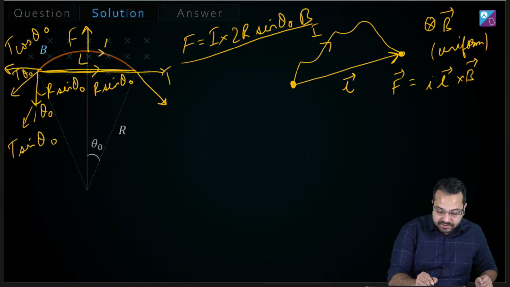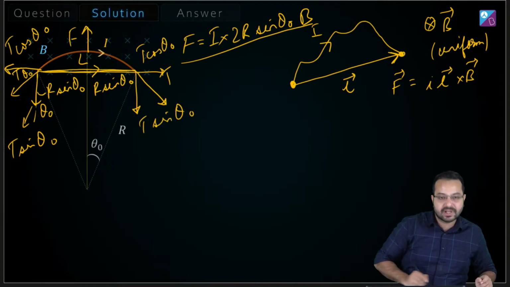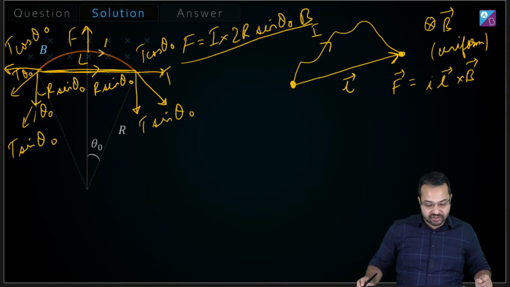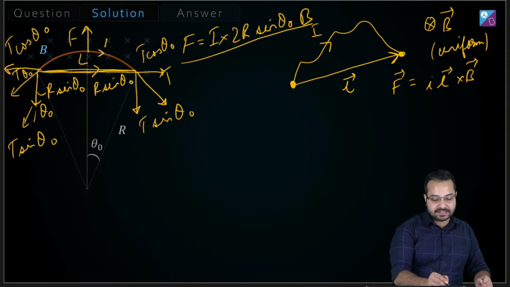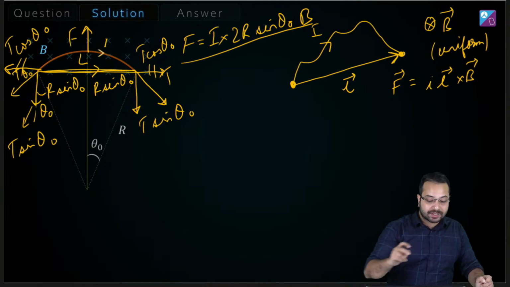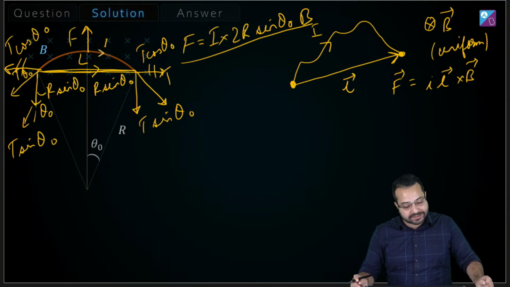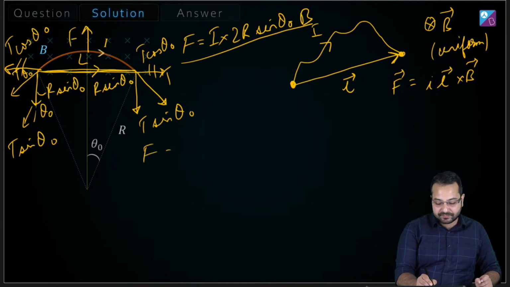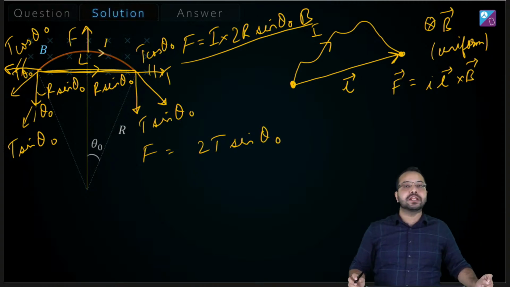Similarly, this becomes T cos theta naught, and this becomes T sin theta naught. I have resolved it in two perpendicular directions, and because of that T cos theta naught and T cos theta naught cancel each other out. So the net magnetic force will be equal to 2T sin theta naught. So F is equal to 2T sin theta naught for equilibrium.